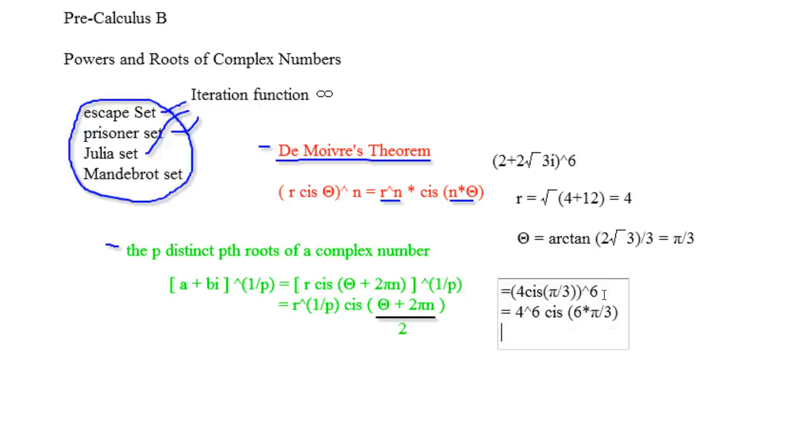If you notice, 6 times pi thirds becomes 2 pi. So this is basically 4 to the 6. If we calculate it, 4 to the 6 is 4096 CIS of 2 pi.